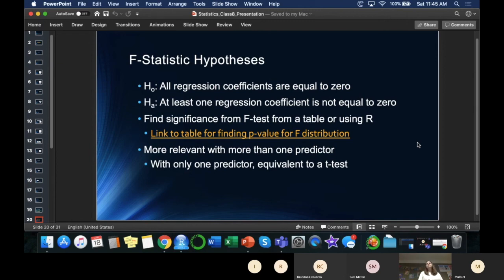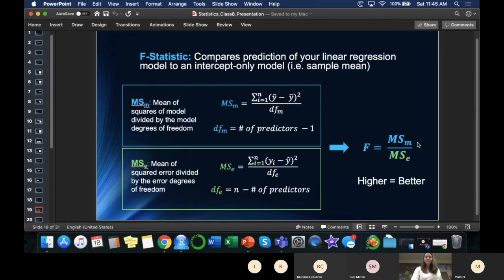So your question. In the previous slide, for the degrees DFE, you say n minus number of predictors. So what is n? N will always be our number of observations. Every time you ever see n in statistics, it means the number of observations in our data set.